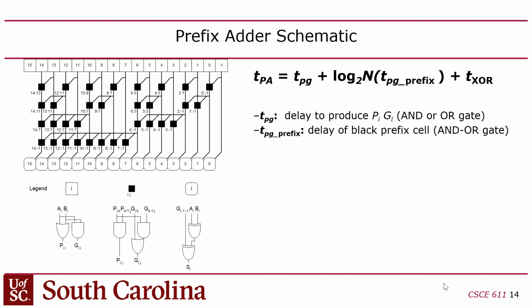You guys with me? And this is all done through combining together 2 groups. Like in this case, we have 14 down to 13 and 12 down to 11, and you can combine those to get 14 down to 11. And then 14 down to 11 can be combined with 10 down to 7 to get 14 down to 7.